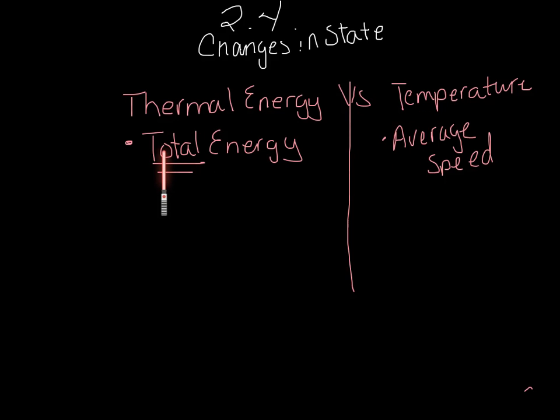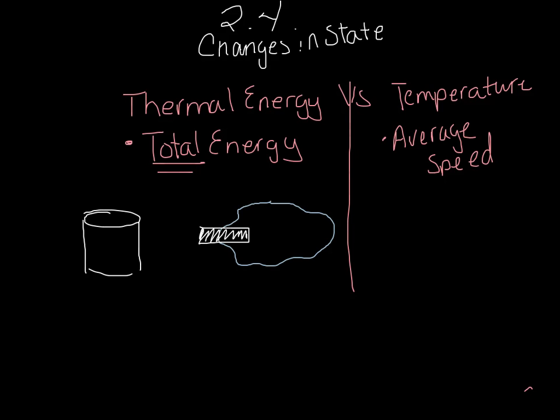So if we were to have an example of this, if we have a swimming pool, and we have a cup of water. Okay, the cup of water has a temperature of 212 degrees Fahrenheit, which is water's boiling point, and the swimming pool is 45 degrees Fahrenheit.